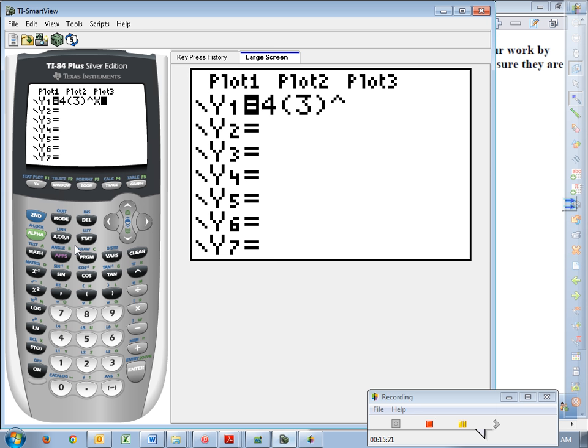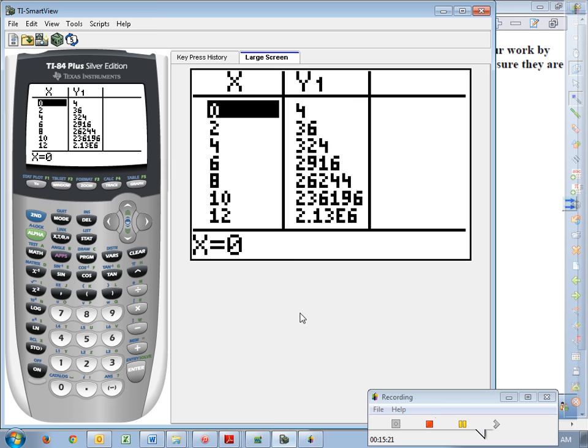Yep. You can graph that if you want to, but I don't really care about graphing it. Don't we care about some ordered pairs in this situation? Where's a great place on the graphing calculator to see a whole set of ordered pairs together? The table. Make sure you have it typed in, go to second table and see if those points are on there.